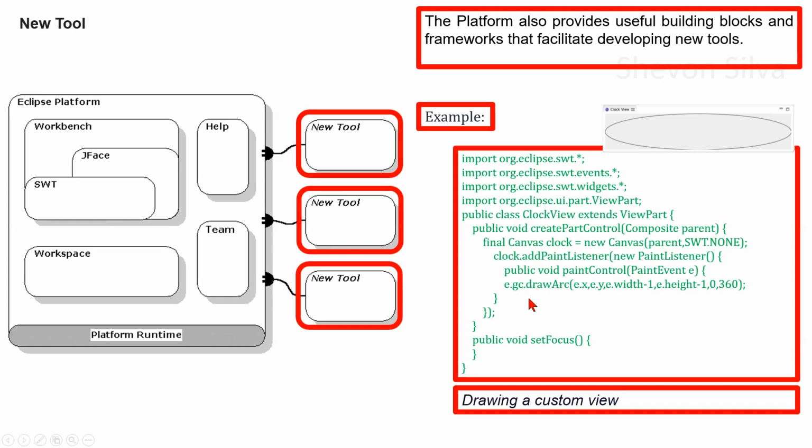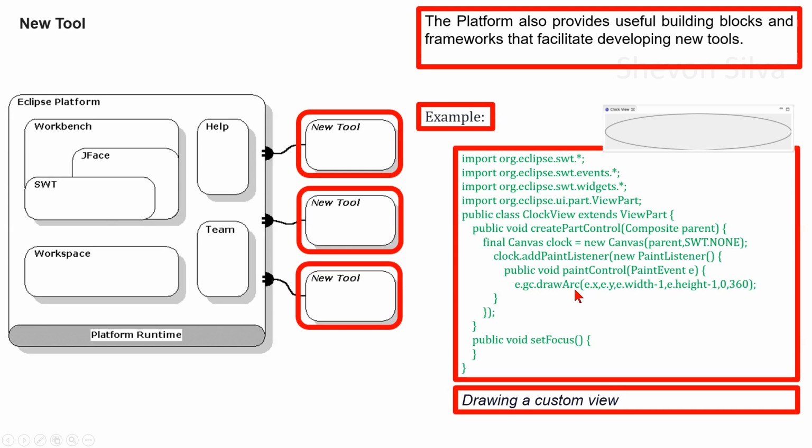And step 3, get the GC from the paint event, and call drawArc to draw a circle.